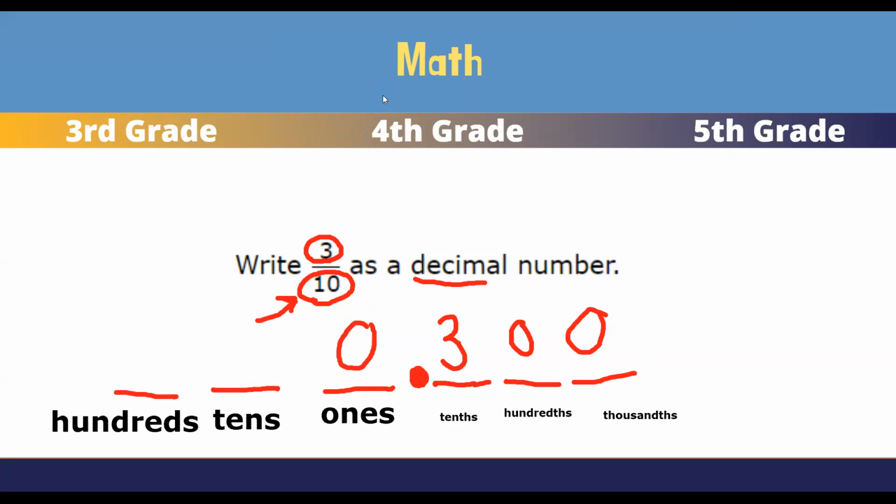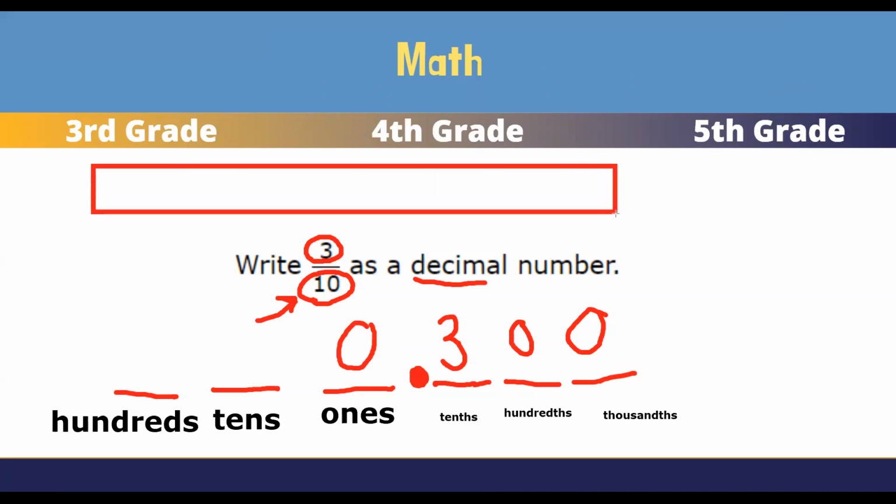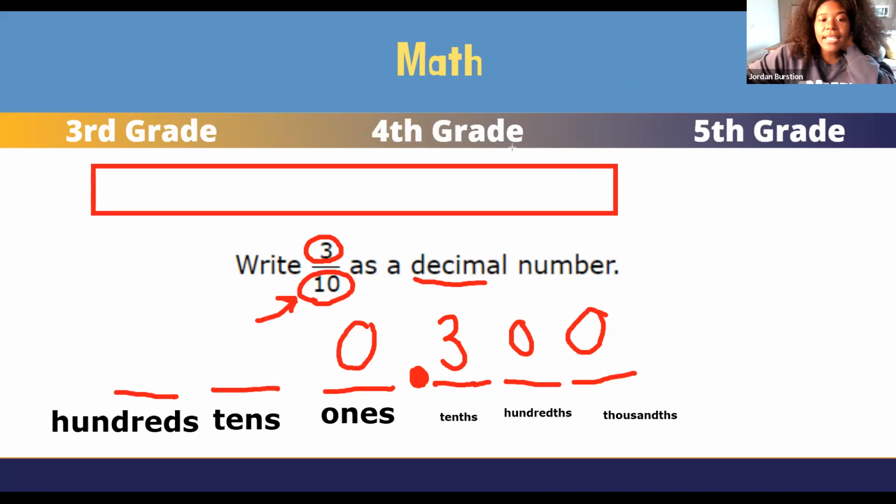Mm-hmm. And for Emery, I'll show what 3/10 would look like. So I'm going to draw a shape. I'm going to divide it into 10 parts. 1, 2, 3, 4, 5, 6, 7, 8, 9, 10.